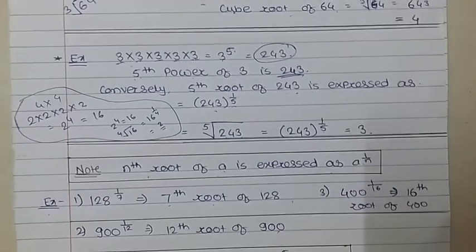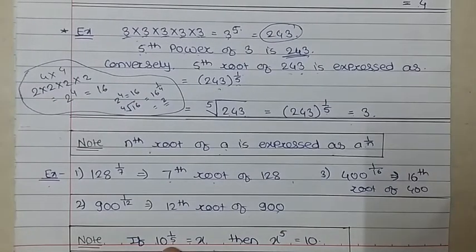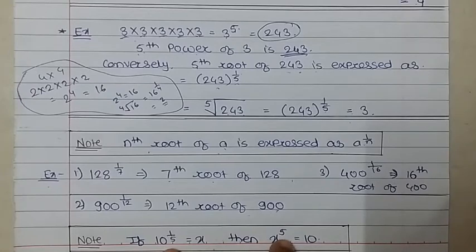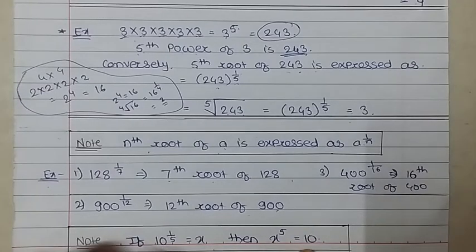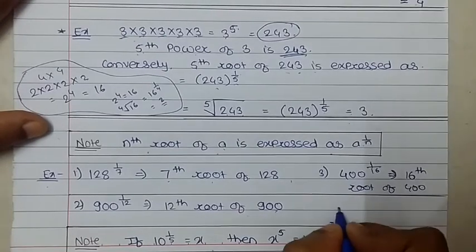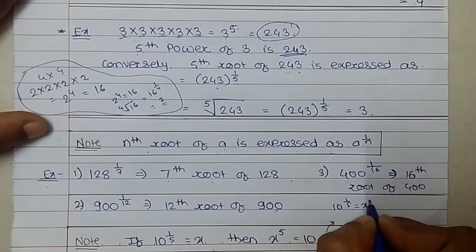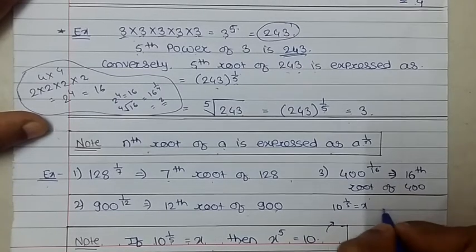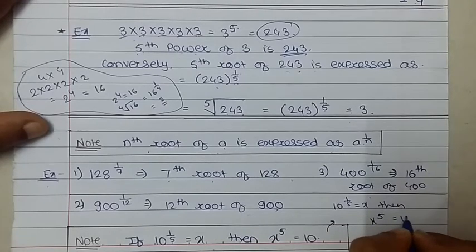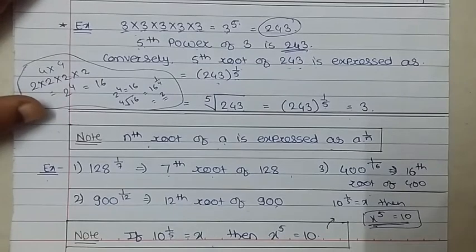Now one more last note: if 10 raised to 5 is equal to x, then x raised to 1 upon 5 is equal to 10. This is very simple actually. Listen. When we talk about 10 raised to 5 is equal to x, we can write it as x raised to 1 upon 5 is equal to 10. Simply you have to learn this step. Clear? It is very simple.